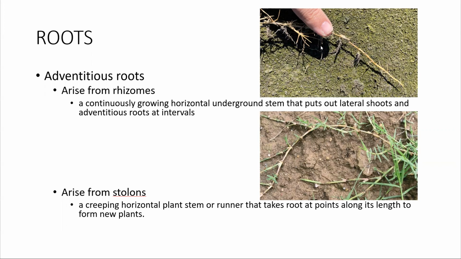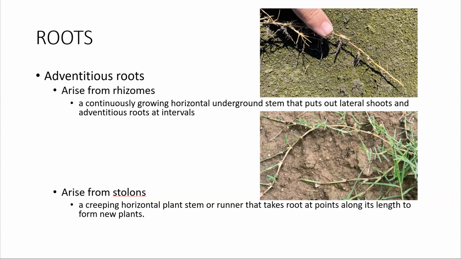Now, adventitious roots can be a real bummer in the landscape if you're trying to maintain a landscape in really good condition and you're somewhere like Sacramento and you've got Bermuda grass. Just like with the forsythia, as soon as these things root in, they will create new plants.